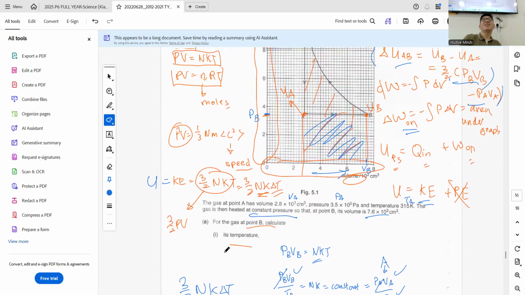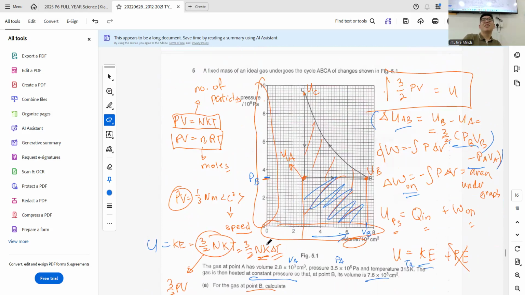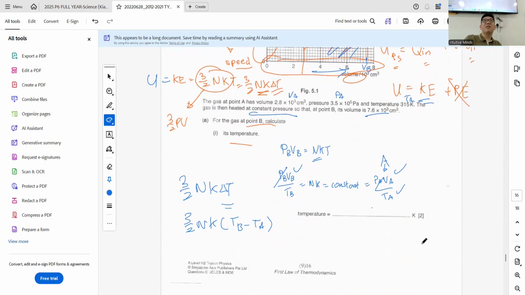Then you can find it. I don't think you can use the first law because you don't have your QE. So you are only left with three ways.